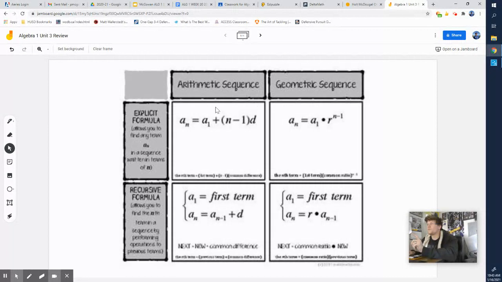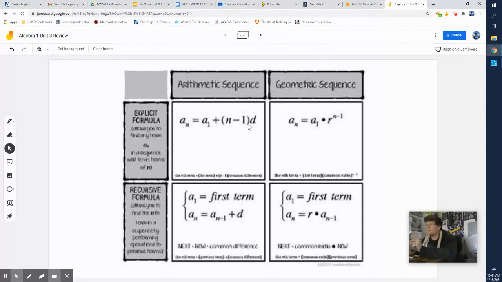Now, if we look at the rows, it breaks it down by the type of formula: the explicit formula versus the recursive formula. And this is where it really highlights the similarities and differences between both. If you're looking at the explicit formulas between the two types, you'll see they both have A1.